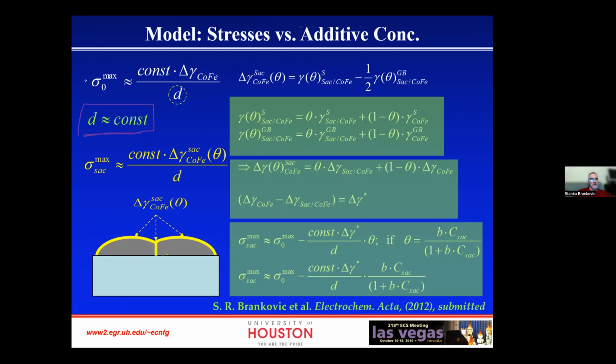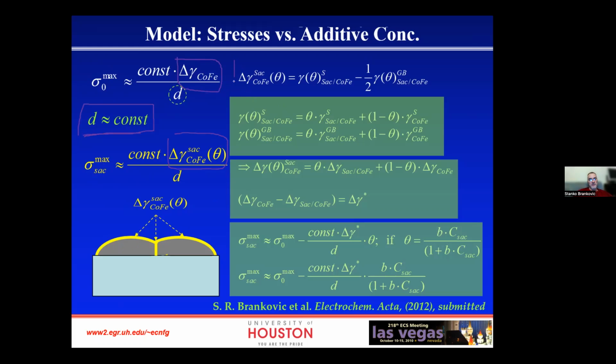And then the literature expression that we have for the maximum stress in the film, we can rewrite, and instead of writing delta gamma for the cobalt iron surface, which is clean with no presence of the additives, we can write delta gamma for the metal surface in general, which is a function of the additive coverage state, okay? Because of what we just talked about.